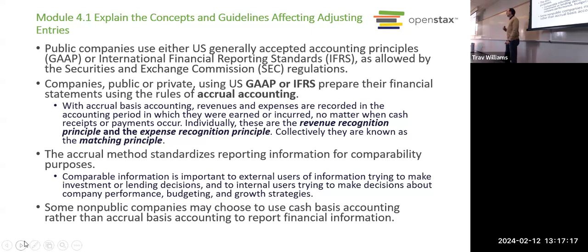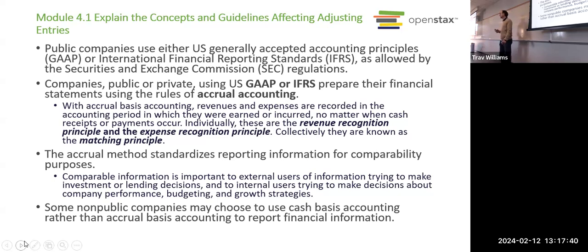Is there any question on that? Okay. Then the other question, the expense recognition principle. When can we count an expense if that expense was related to making our products? At what point can we count that as an expense? So when we sell the product.